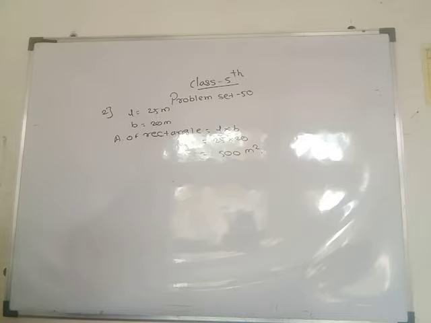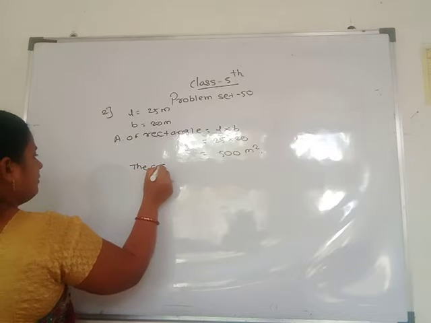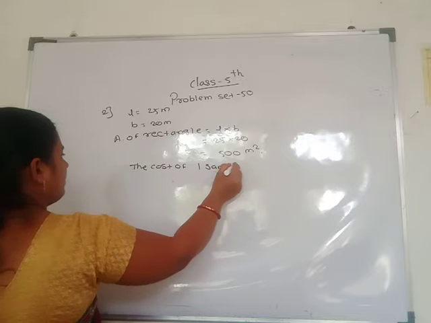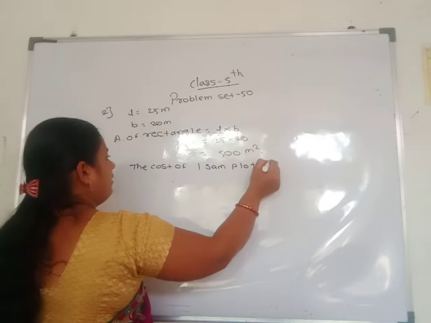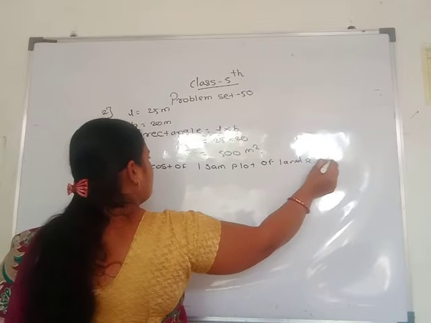The cost of 1 square meter of plot of land is rupees 900.